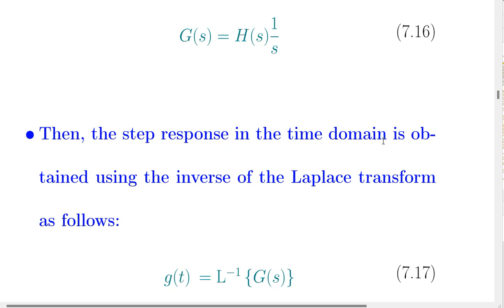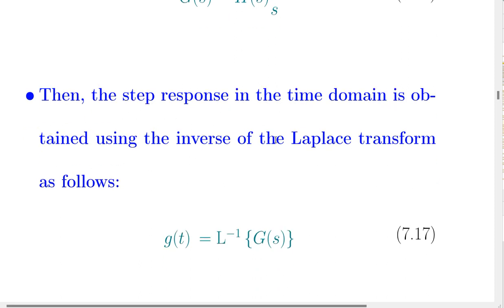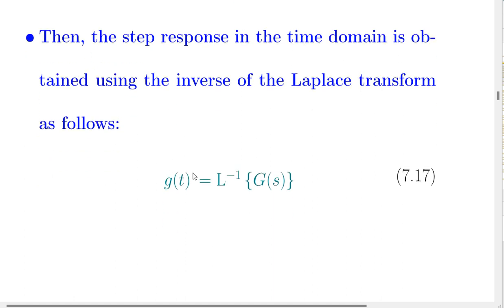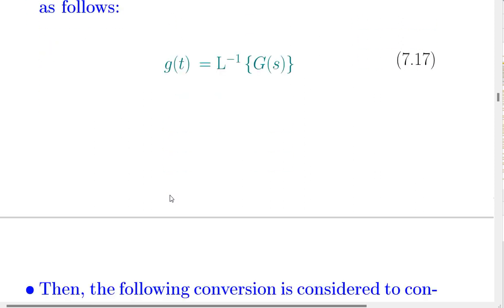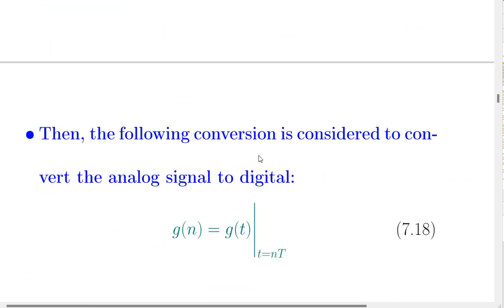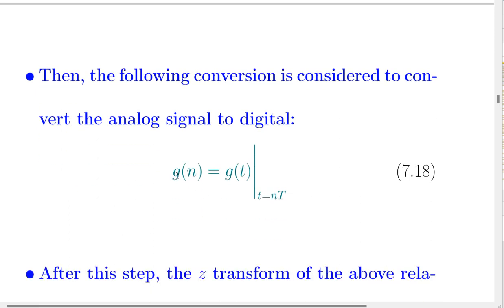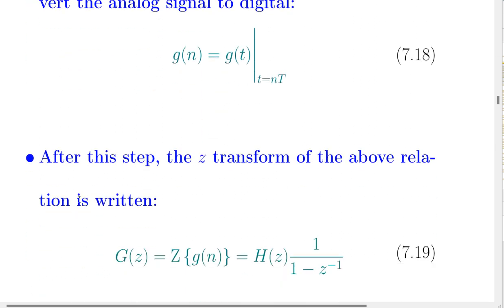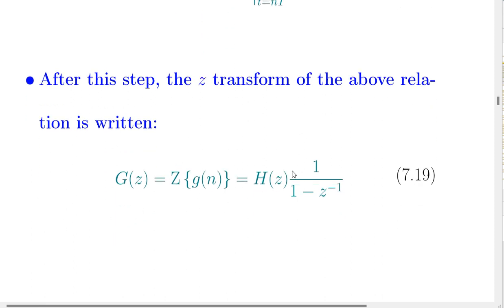Then the step response in the time domain is obtained using the inverse of the Laplace transform as follows. Very simply, you just write g of t equal to the Laplace inverse of G of s. Then the following conversion is considered to convert the analog signal to digital, again t being equal to n times Ts. After this step, the z transform of the above relation is written, okay?